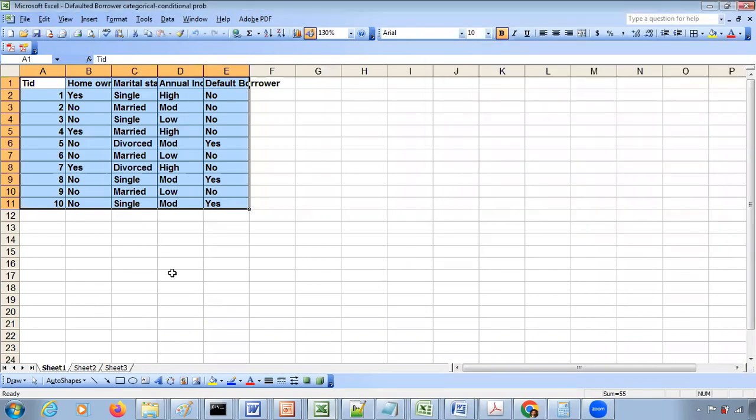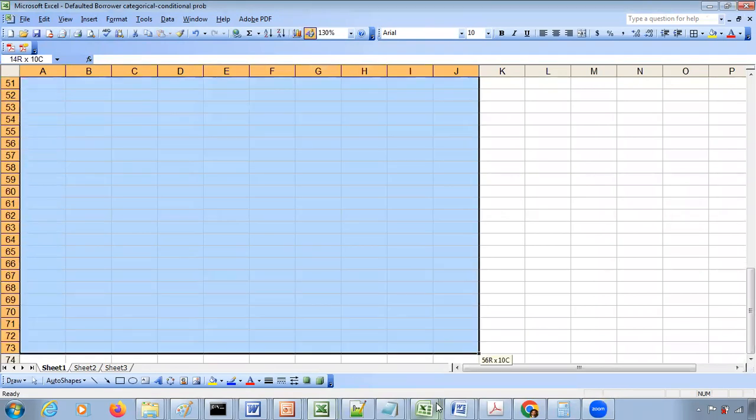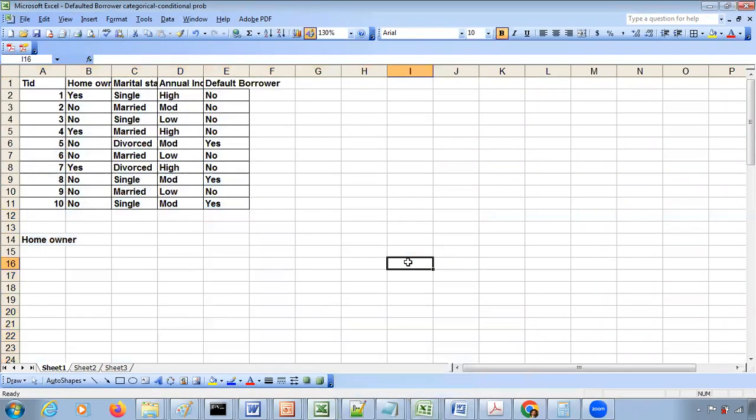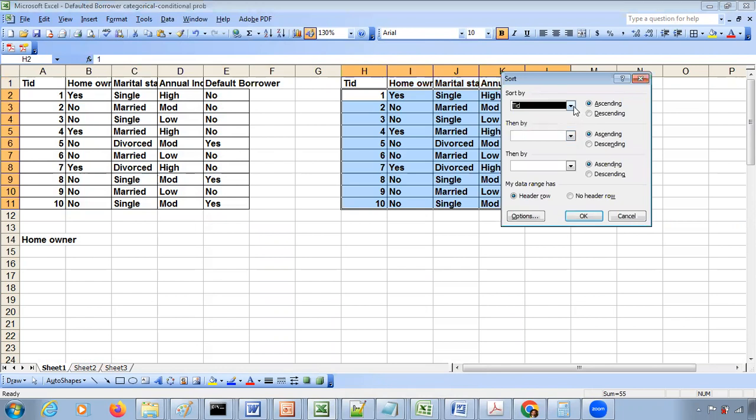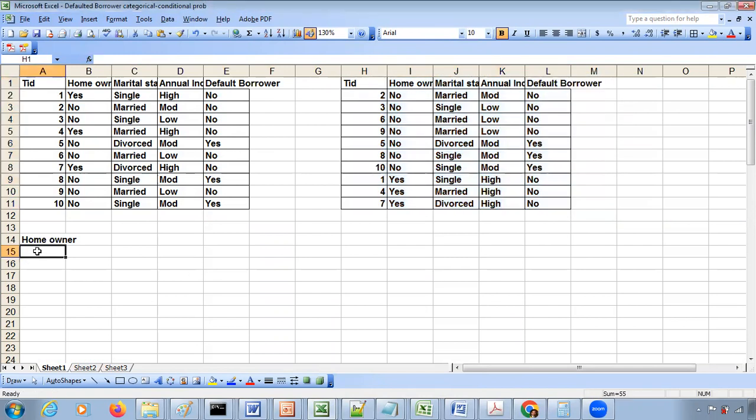All right, so we'll start with homeowner as a feature. And let us find the conditional probabilities. So for that, we'll sort by homeowner and then by defaulted borrower. Okay, so we see that we have no and yes as 2 values. And there are 7 records with no and 3 with yes.